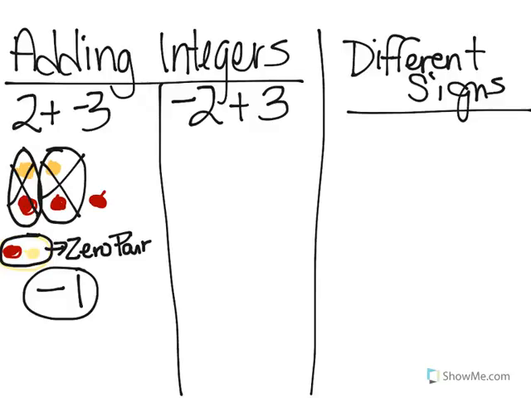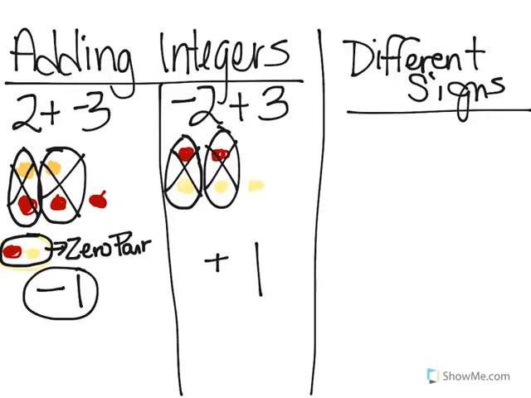I have 2 negatives and I have 3 positives, 1, 2, 3. I see a zero pair, and it cancels out. So I'm left with 1 positive.